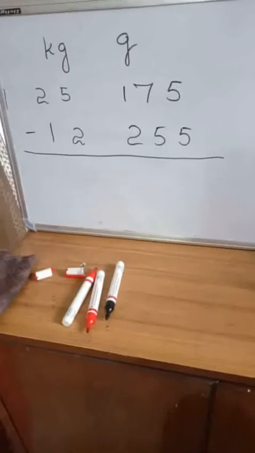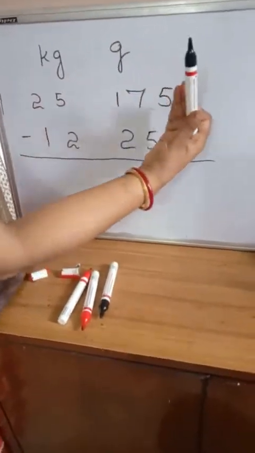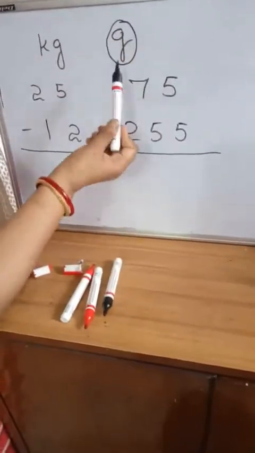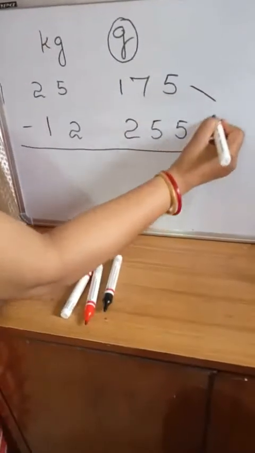We have to subtract from right to left, so I subtract the gram unit first. Here we see 175 and 255.